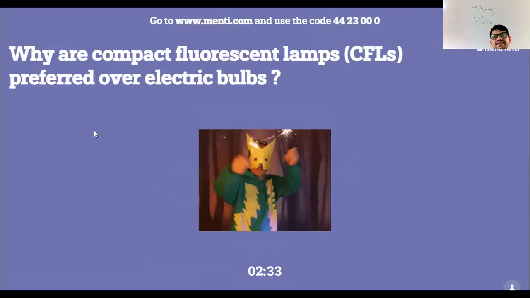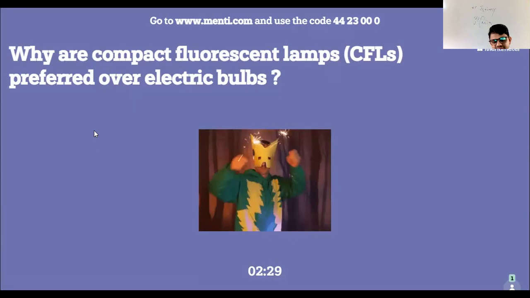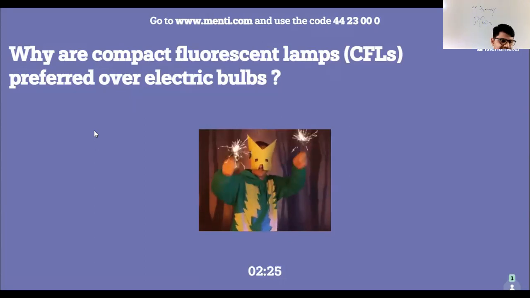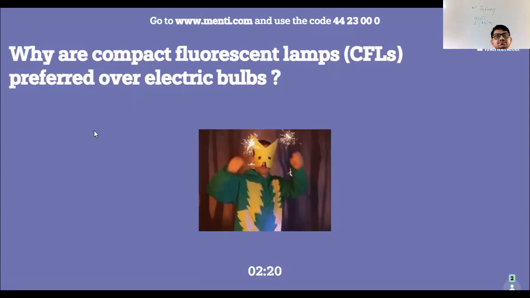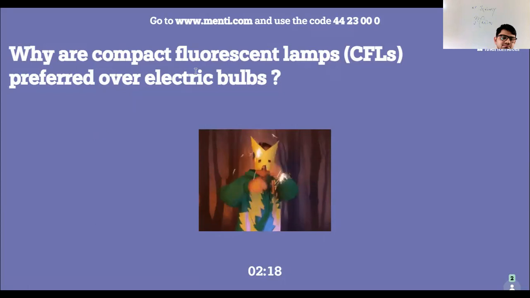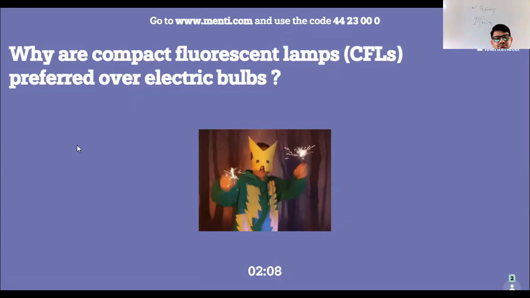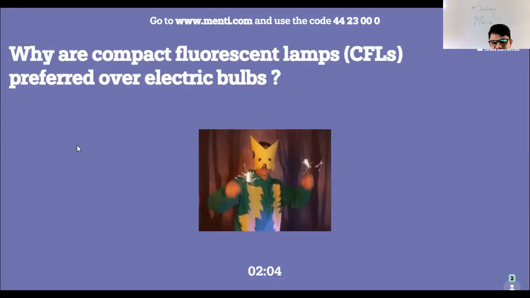Why are CFL, compact fluorescent lamps, preferred over electric bulbs? Total 2 minutes time you are left with.